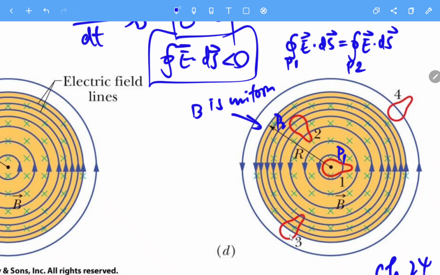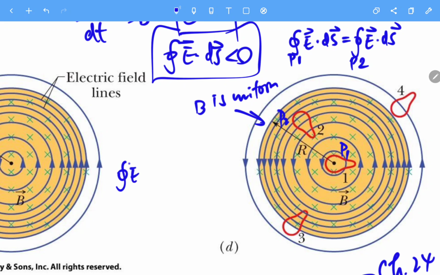So the integration of E dot ds for path 3 is smaller than the integration of E dot ds for path 1 or path 2. They are the same. So we'll say this one is smaller than the line integral for path 1 and path 2.